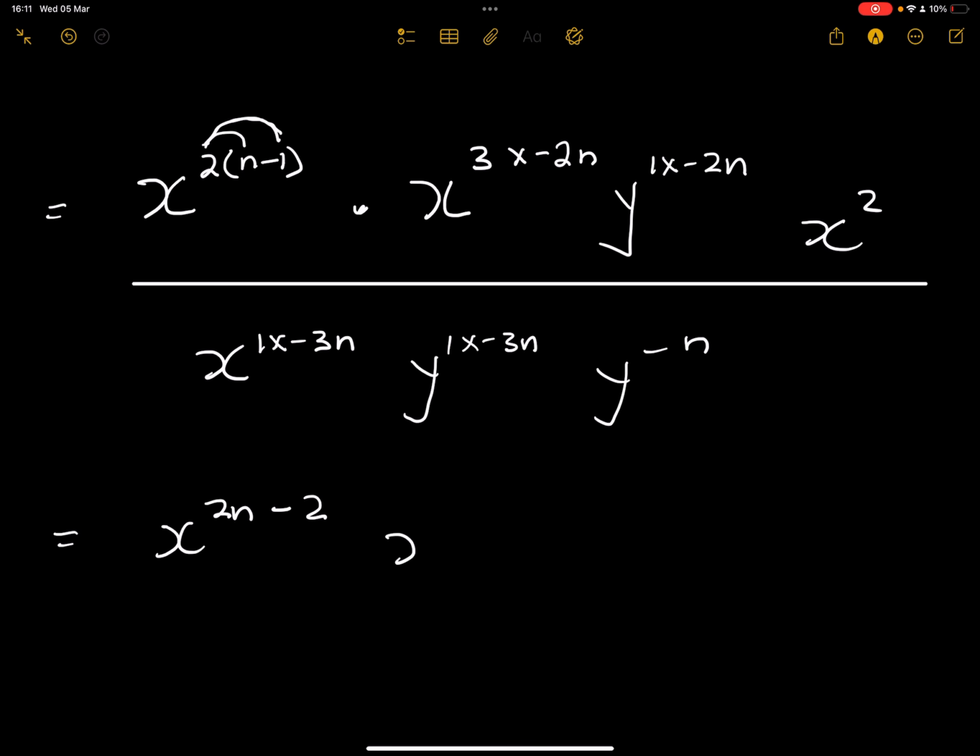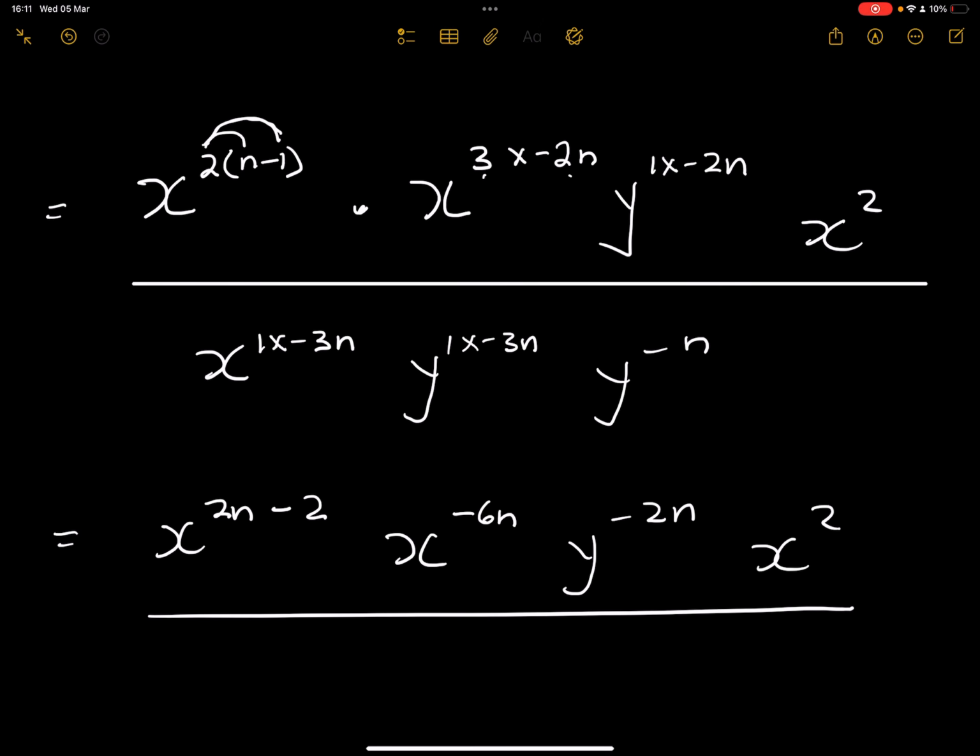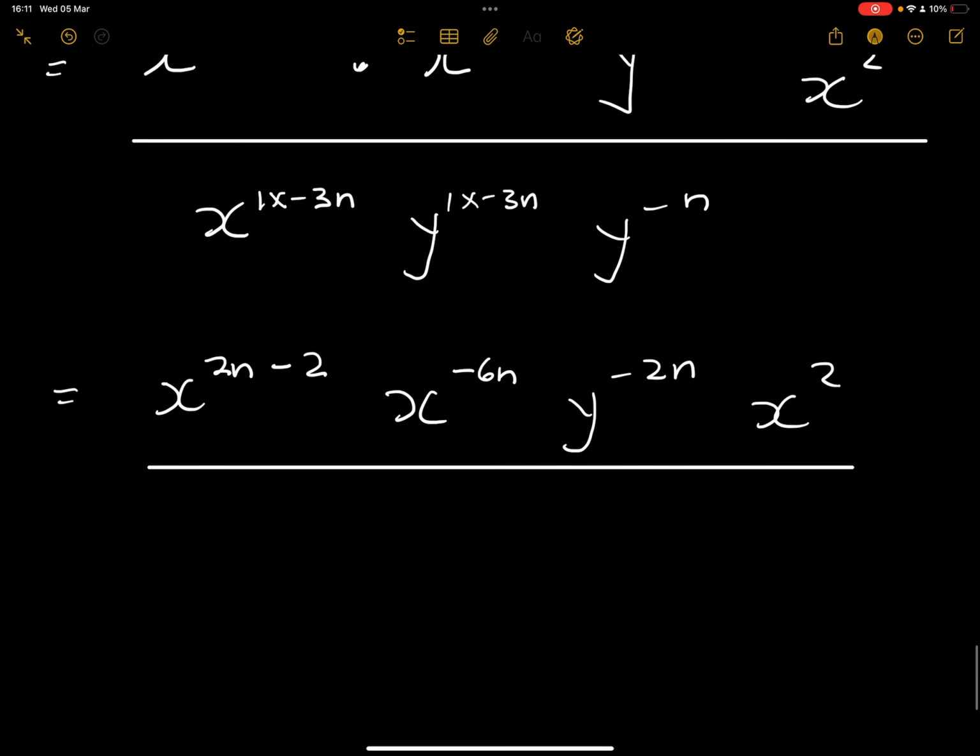And we've got another x, 2 times negative 3n, that's going to be minus 6n. That's going to be y to the minus 2n. And this is x squared divided by x to the minus 3n, y to the minus 3n, and we've got y to the minus n.